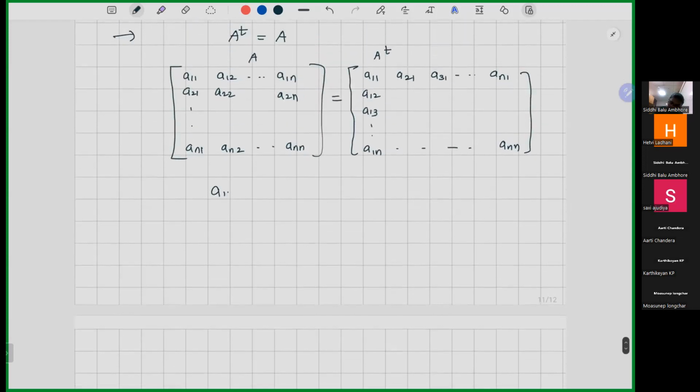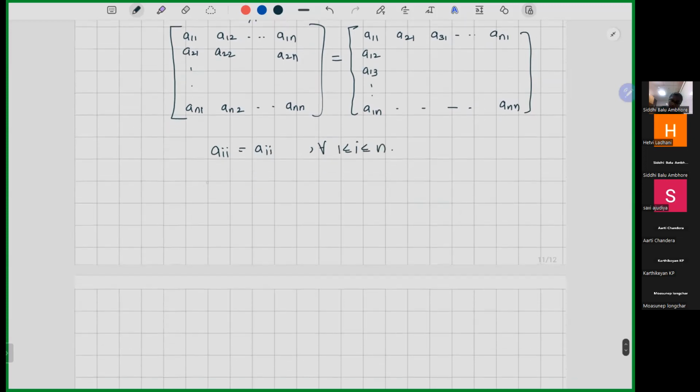So A11 or AII are as they are. I mean, when we compare, AII is equal to AII for all 1 less than or equal to I less than or equal to N. But for the others, AIJ is equal to AJI for all 1 less than or equal to I less than or equal to J less than or equal to N, or I can make it strict.